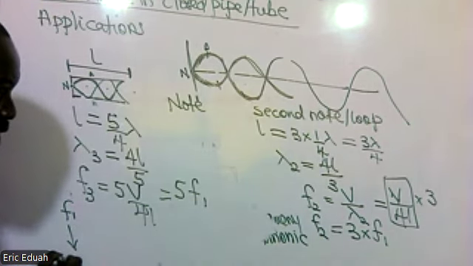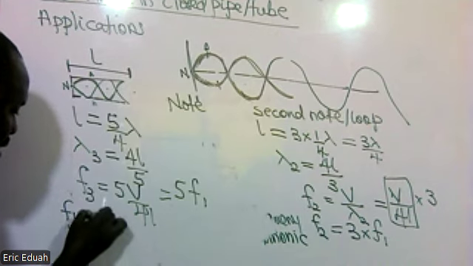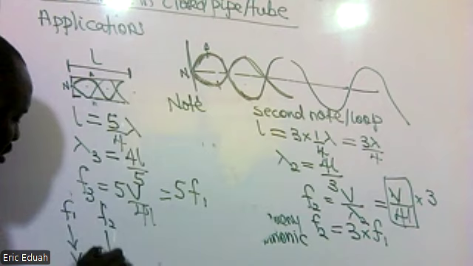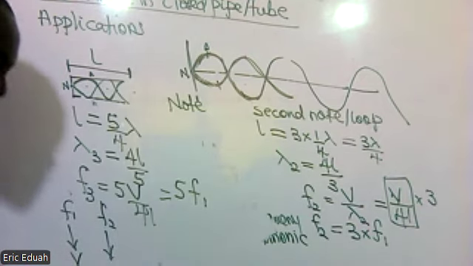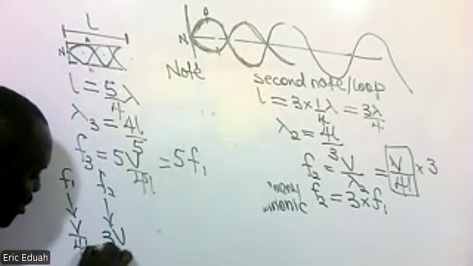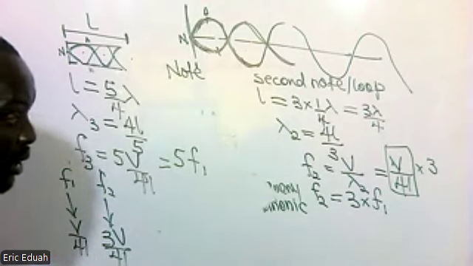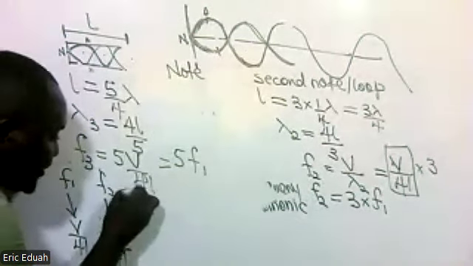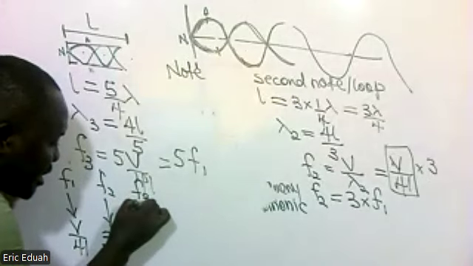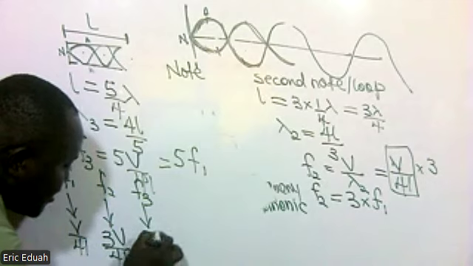So the observation is that here F1 is actually V on 4L. Then F2 is equal to 3 times V on 4L. Then F3 is equal to 5 times V on 4L.